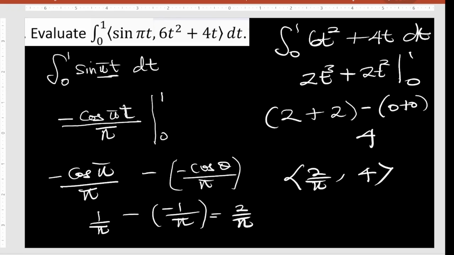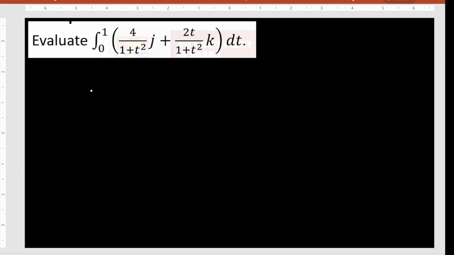Let's look at another example. We are evaluating 4 over 1 plus t squared j plus 2t over 1 plus t squared k. So let's pick the j component.